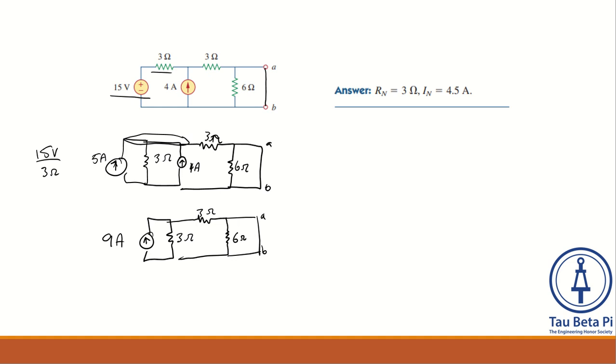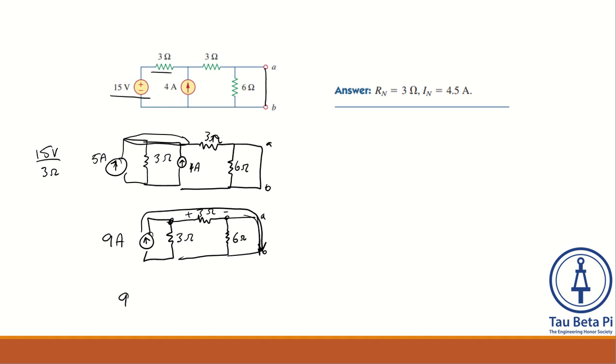Now, if we were to find the current flowing through our short circuit, we would have current going through this junction where it would split between the 3 ohm resistor and the 3 ohm resistor. And then once it got past that 3 ohm resistor on top, it would actually bypass the 6 ohm resistor and all the current would go through that short.